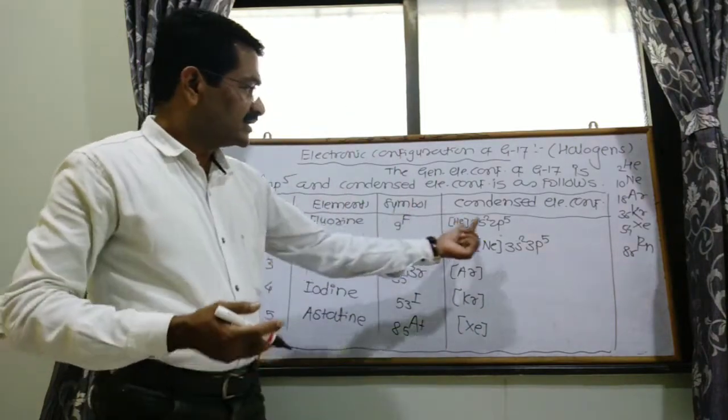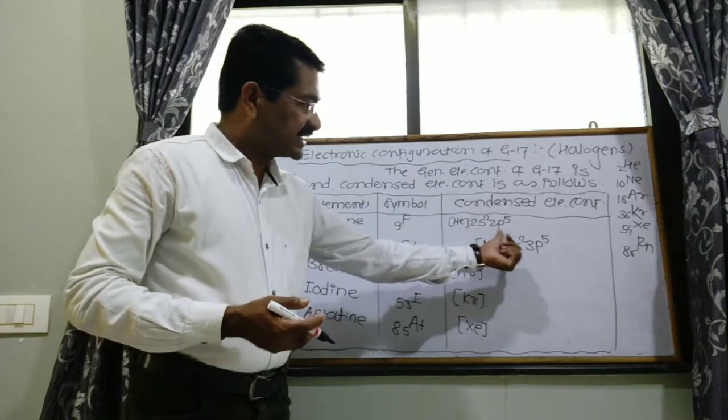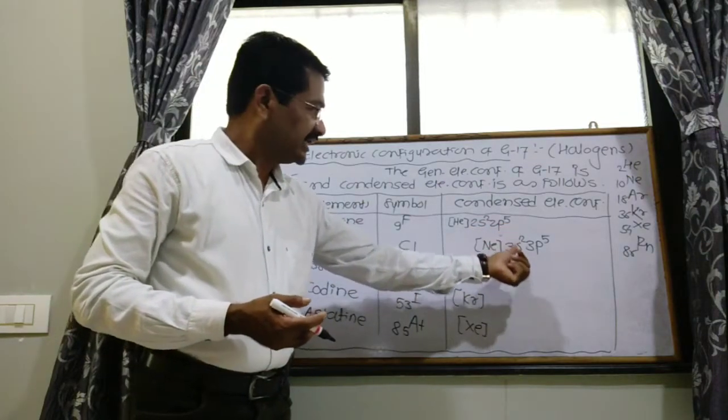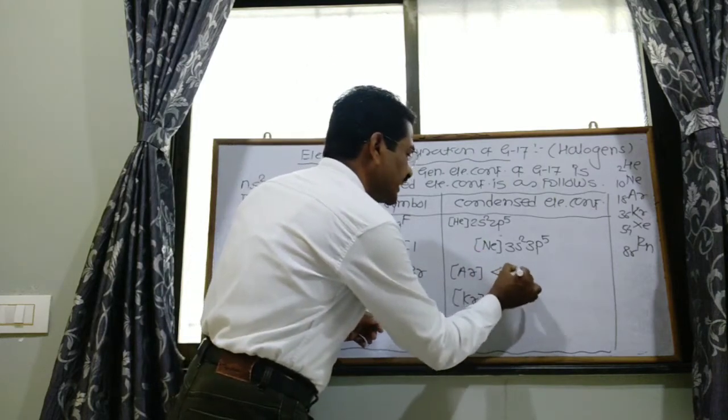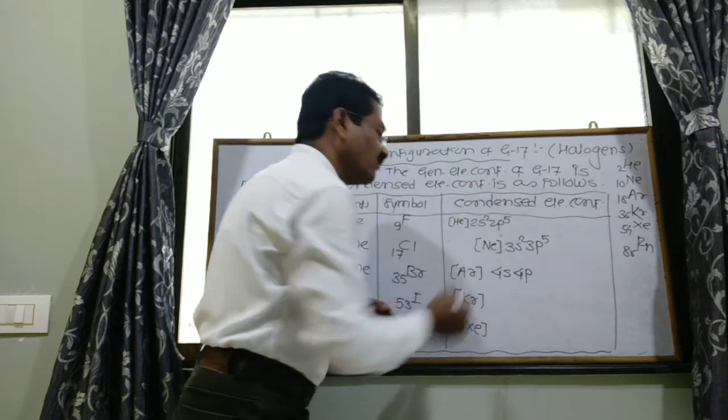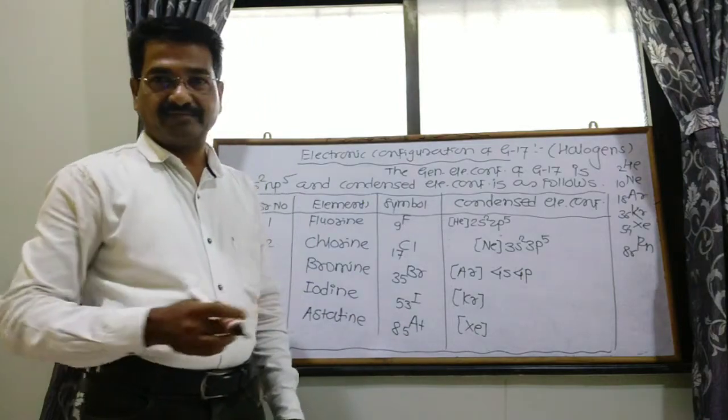After that, it indicates the second shell 2s 2p, 3s 3p. Here 4s, then 4p.